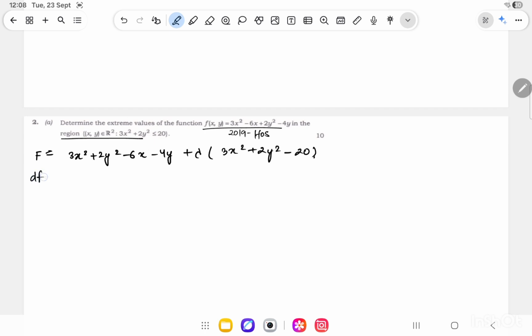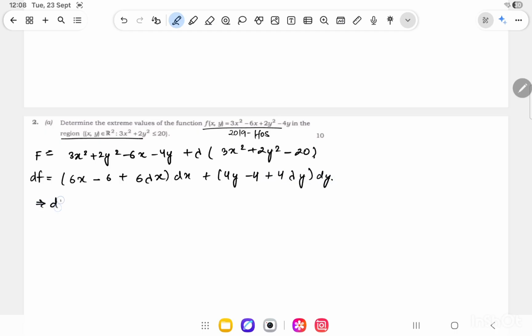If we take its total derivative, that will be 6x minus 6 plus 6 lambda x into dx plus 4y minus 4 plus 4 lambda y into dy.